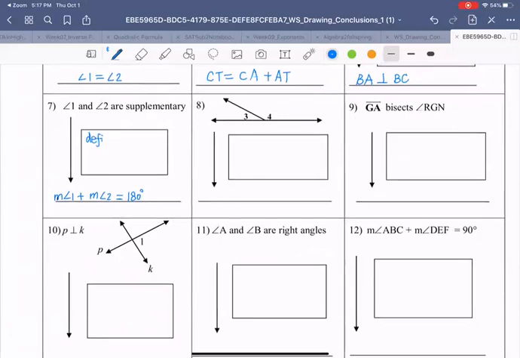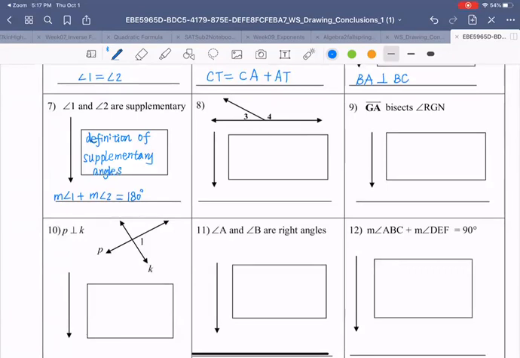Did the teacher mention this in class? I think she did.